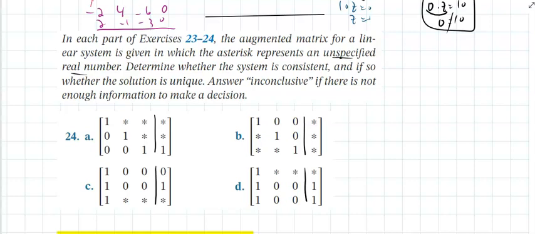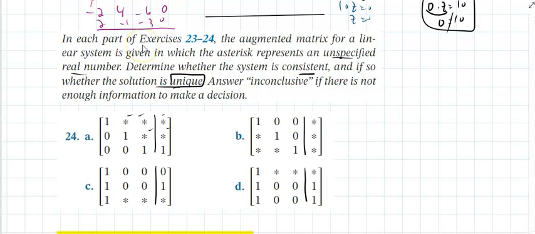Those asterisks could be any numbers. You don't know what they are. Could be 0, could be 10, could be negative 10, pi, whatever. Determine whether the system is consistent, and if so, is the solution unique? That means, do you get only one solution? Answer inconclusive if there is not enough information to make a decision.